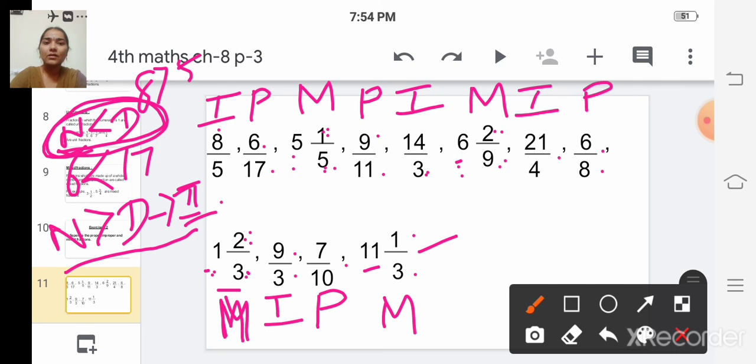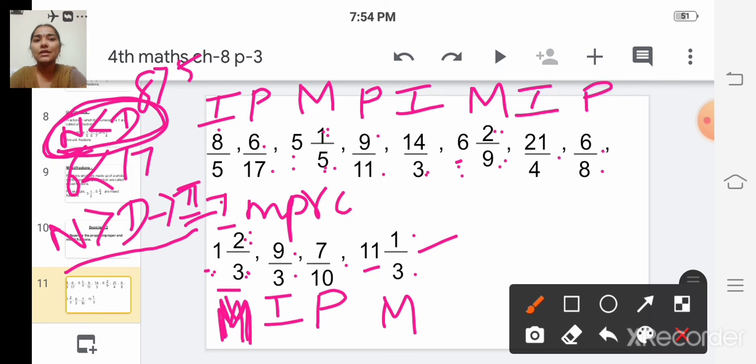Because there is no space here, I write like IPM. But you have to write it separately. Like improper fractions.